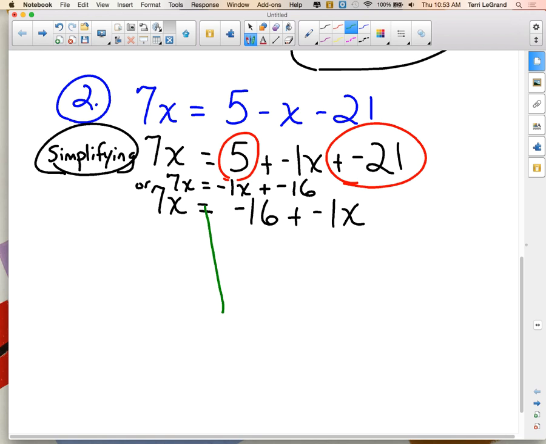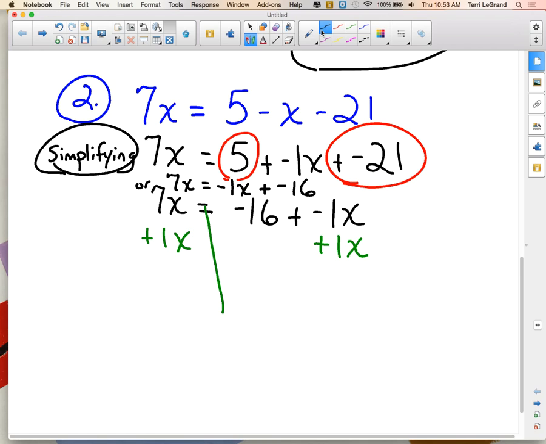Why add 1x? Because you want to get the variable. You want just the negative 16 alone. Yeah, because there's no constant over here, is there? So since there's no constant on this side, we're gonna get these guys moved over there with them. We're gonna add 1x because the opposite of -1 is +1. So we'll add 1x to both sides.